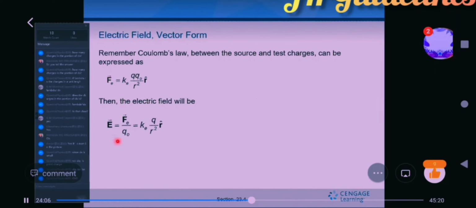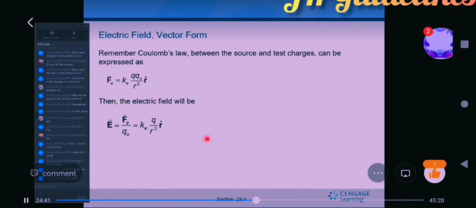For a point charge, what kind of electric field will we have? For a point charge, the electric field is Ke times Q divided by R squared. That's the magnitude of the electric field for a point charge.